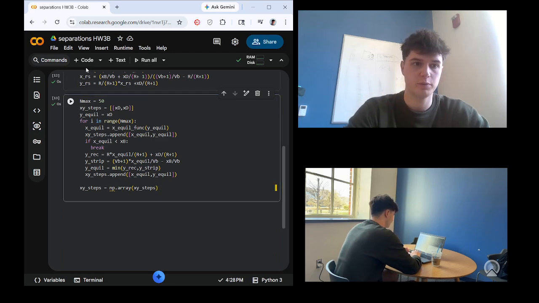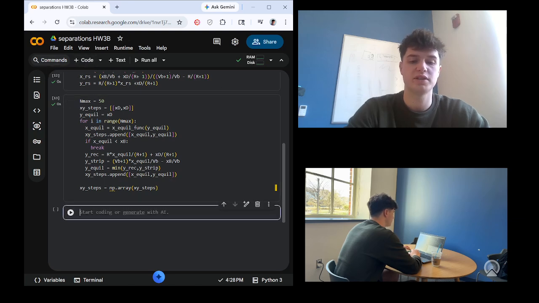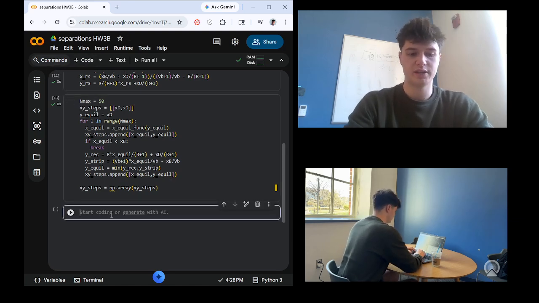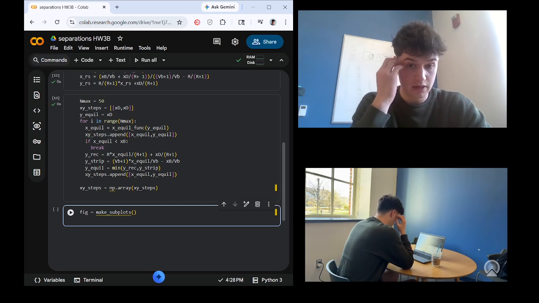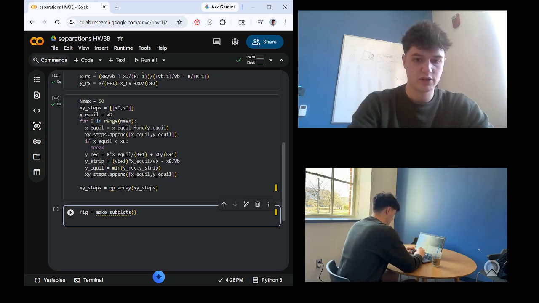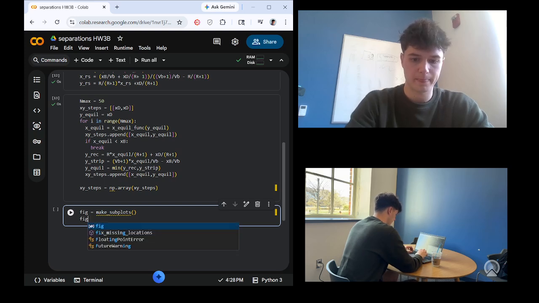So now we're on to the final portion in which we're going to be plotting all of these very intricate lines. So we're going to do fig equals make underscore subplots. And now we're going to create roughly, I think it's like 6, maybe 7 scatter plots. And so we're going to make this simpler on ourselves. We're going to do fig dot add underscore scatter.